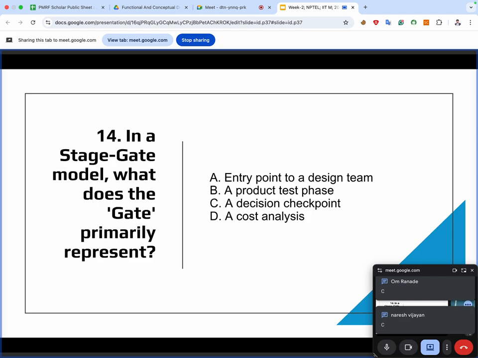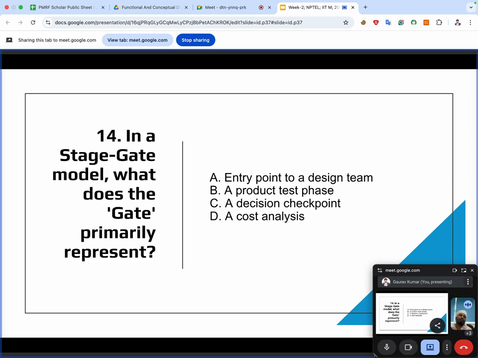C. Okay, right. C is the right answer, because we already discussed in the summary as well as separately. So a decision checkpoint, right? C is the right answer.